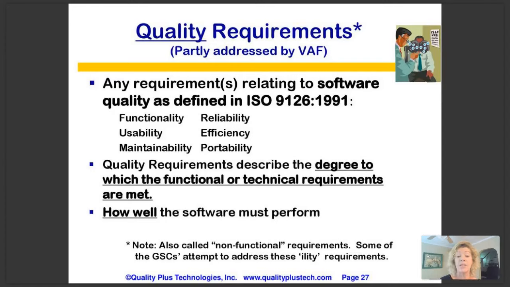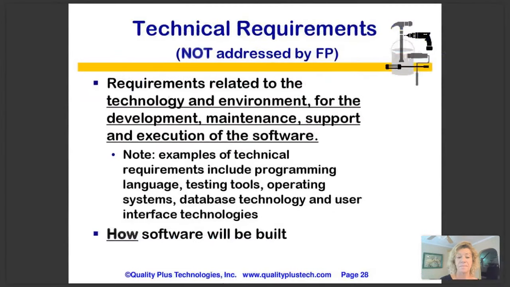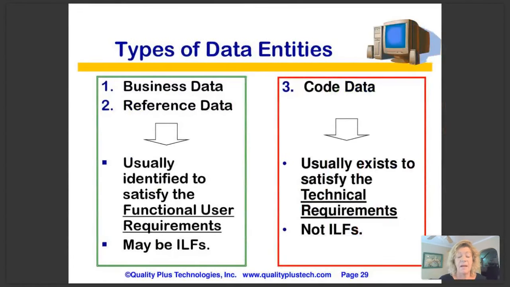How much communication? All of those types of things that are in our value adjustment factor. Our quality. Technical requirements, those are things that have to do with my architecture. That's how my software will be built. And examples are my programming language, what are my tools, those types of things. We don't count those in function points at all. That's really kind of like having blueprints. And remember, we don't count that.